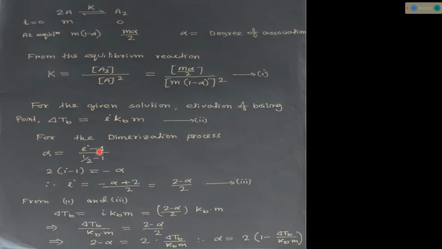For the association process, the expression of alpha equals I minus 1 upon n minus 1. Since it is a dimerization process, n should be 2.